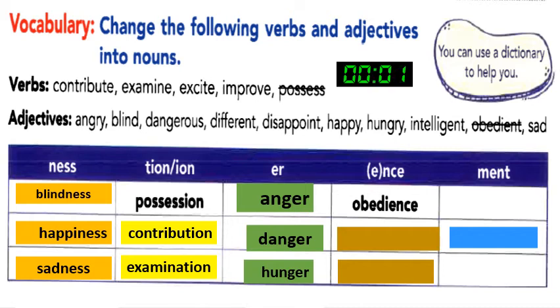The fourth column, adjectives, obedient, obedience. Different, difference. Intelligent, intelligence. The last column, the suffix at the end is ment.